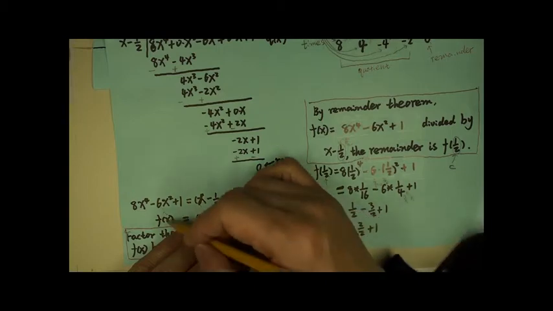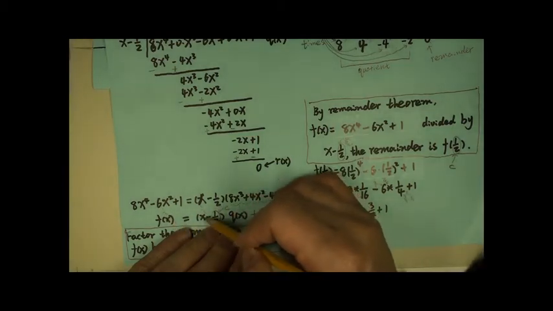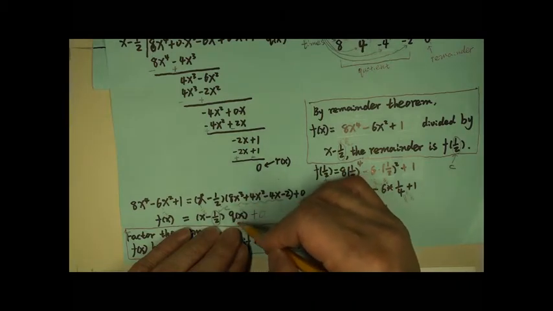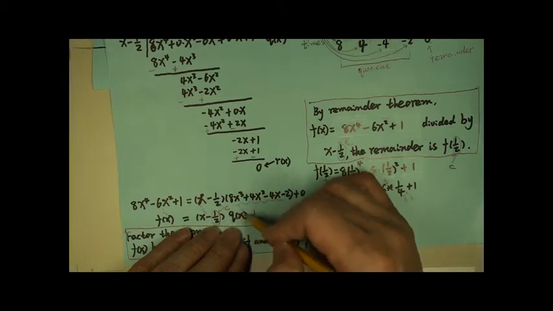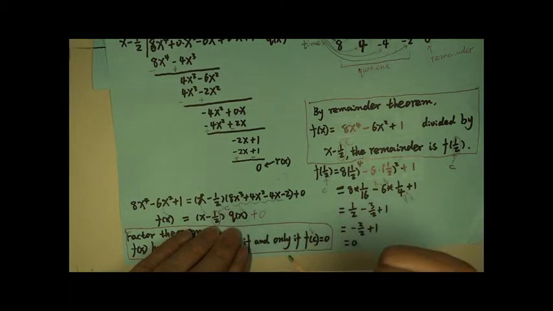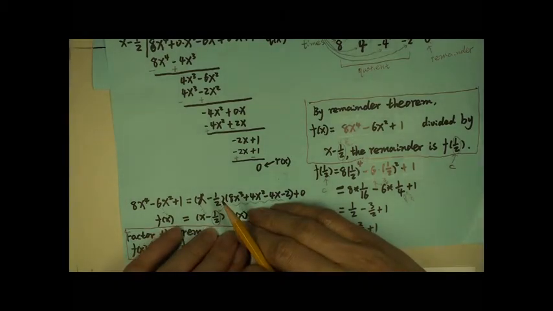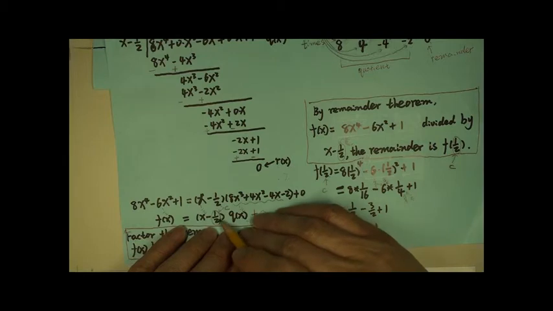Okay, if f of x can be written in this way, then when you plug in 1/2, you see 1/2 minus 1/2, and here it doesn't matter what this is, because 1/2 minus 1/2 is 0 times this one, you get 0. Okay. So only if means if f of x can be written in this way, then when you plug in 1/2 here, you will have f of 1/2 is 0.